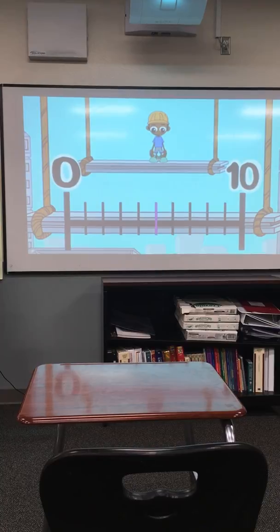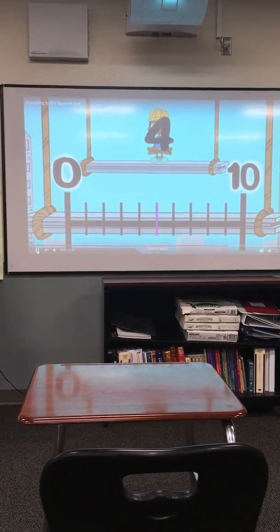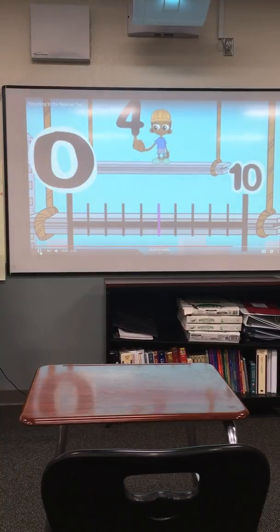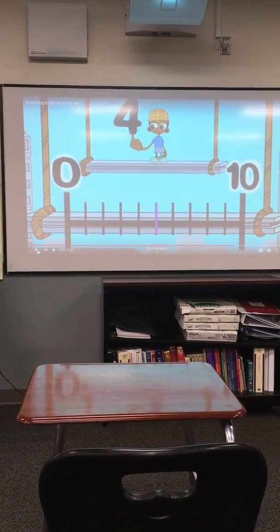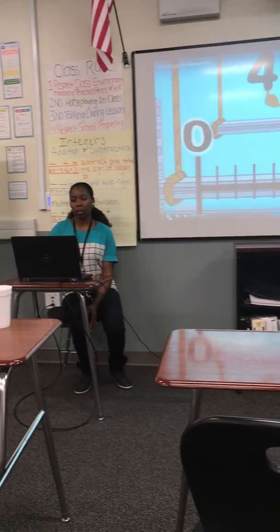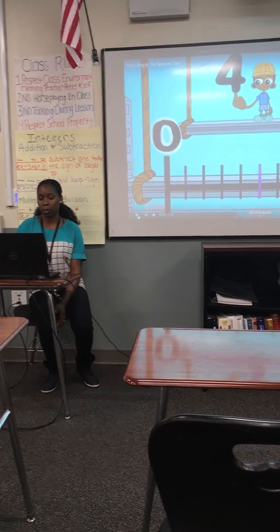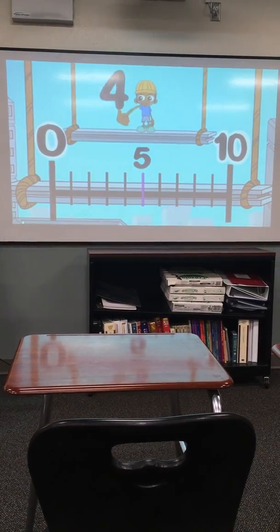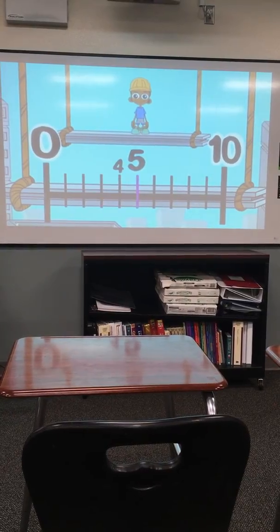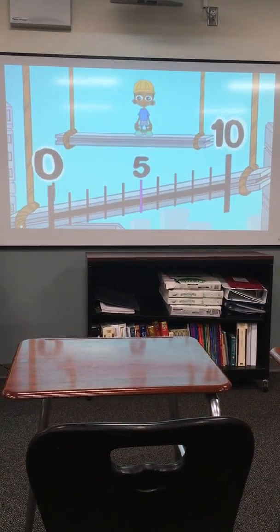Sometimes the nearest 10 is 0. Let's round 4 to the nearest 10. The benchmarks are 0 and 10. The midpoint, so guess what you think it may be. What is 4 rounded to the nearest 10? What number would that be? The midpoint is 5. 4 is less than 5. So, to the nearest 10, 4 rounds down to 0.